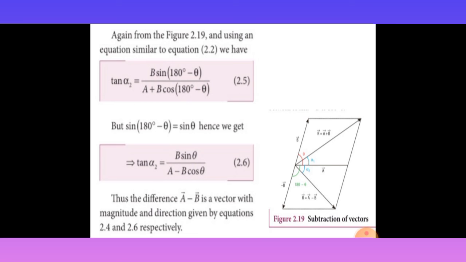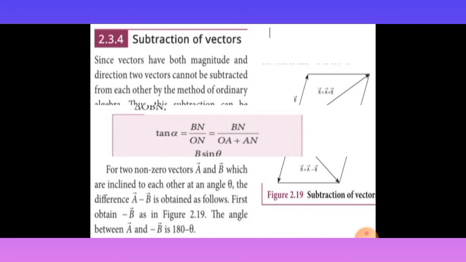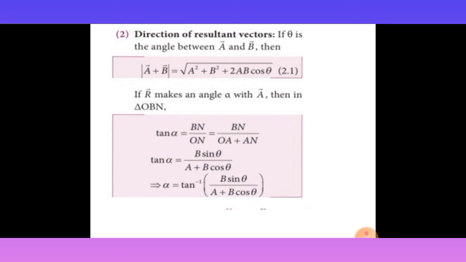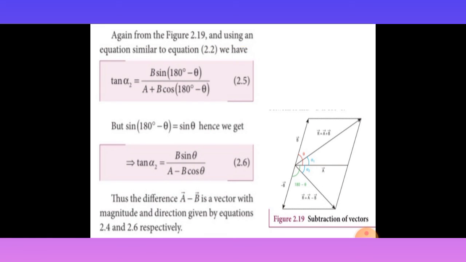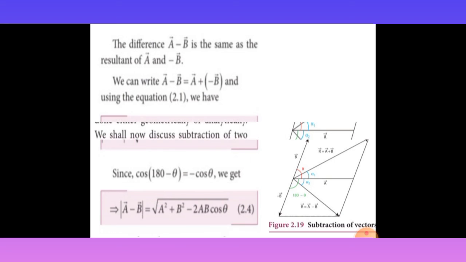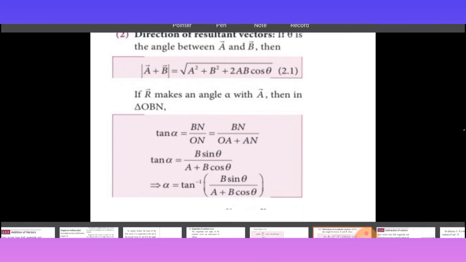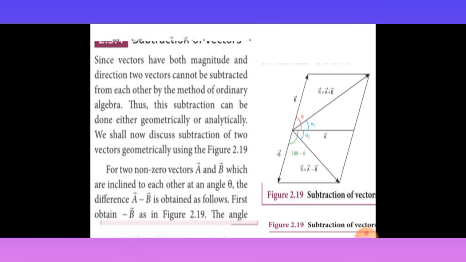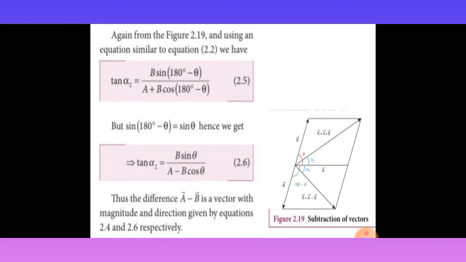Okay, so from the figure 2.19, students, and using an equation similar to the equation 2.2, tan alpha, we can write tan alpha 2 is equal to b sin 180 degree minus theta divided by a plus b cos 180 degree minus theta. Okay, tan alpha 2, that is given in blue color.